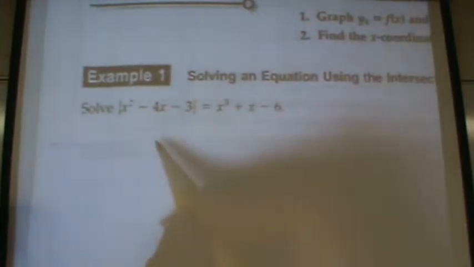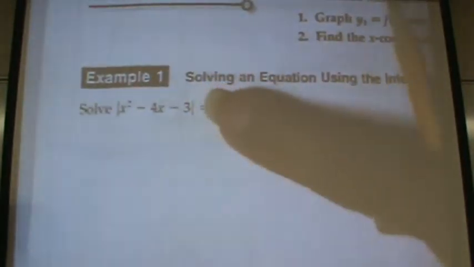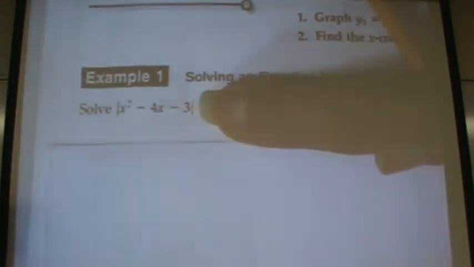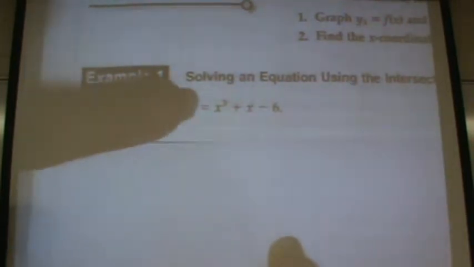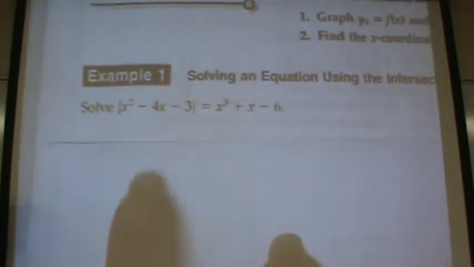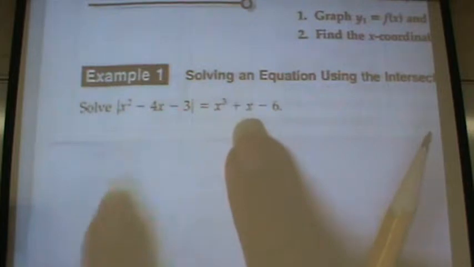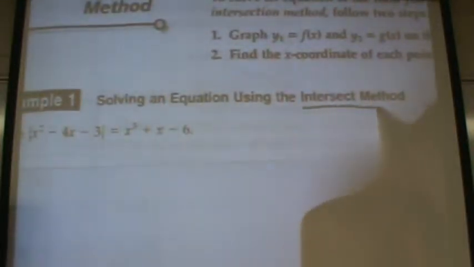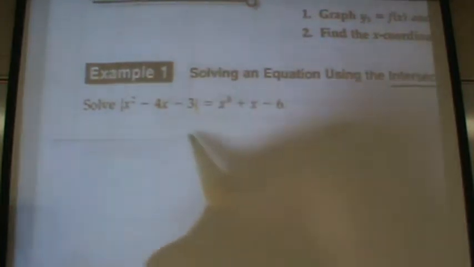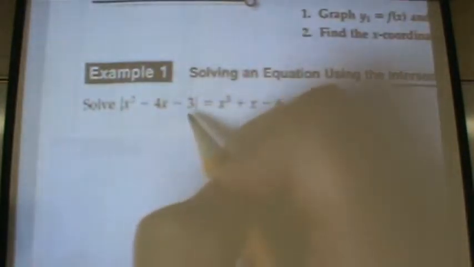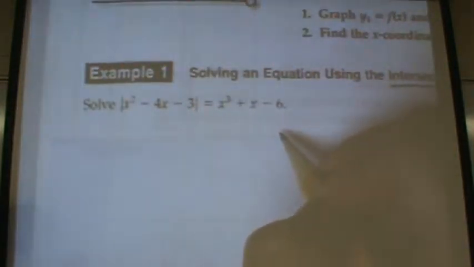So when you have two expressions, one polynomial and another expression, set equal to each other, we can use the intersect method. The intersect method is looking at where the left side meets the right side.